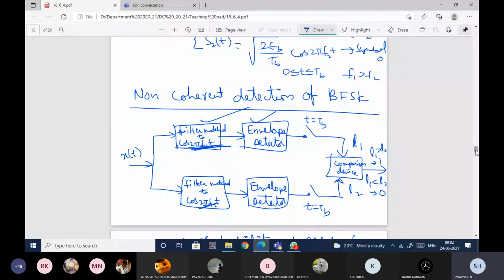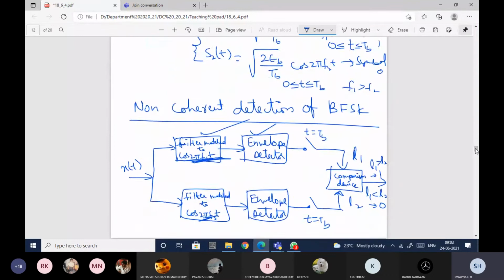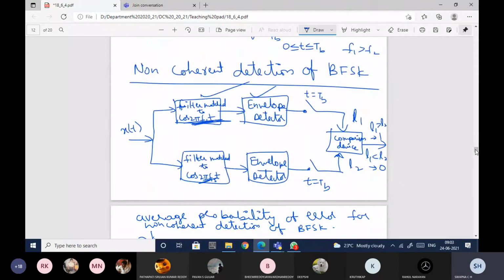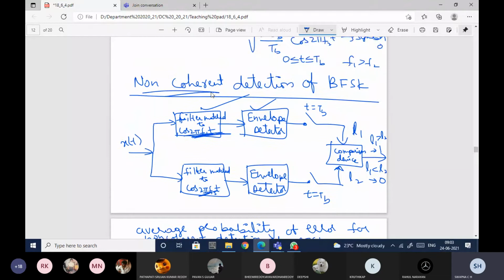We have seen the normal BFSK generation, the same diagram we studied before, drawn once again. Then comes BFSK non-coherent detection. Whenever the term non-coherent exists, you can check that a matched filter will be used. Here I've used matched filters.